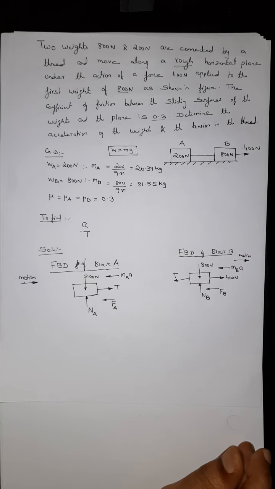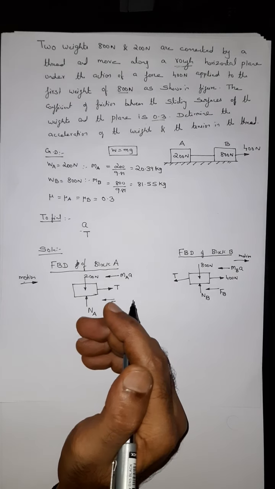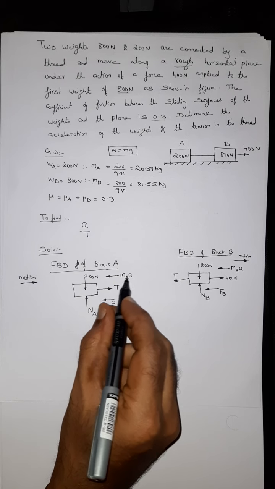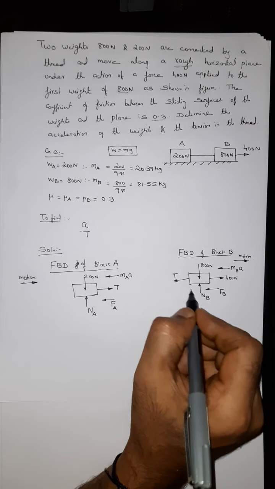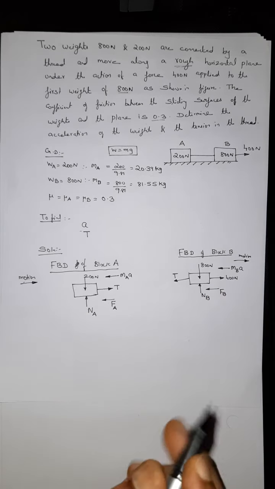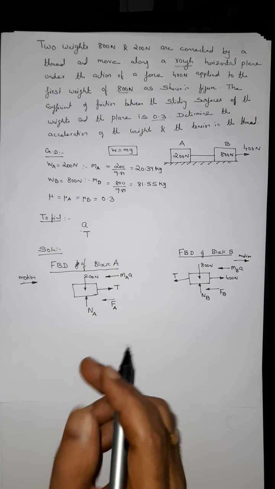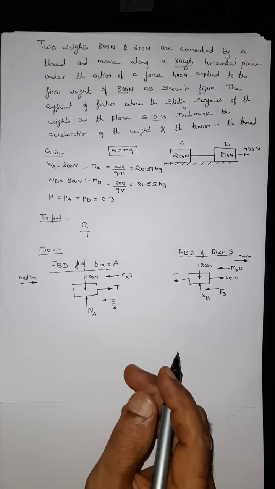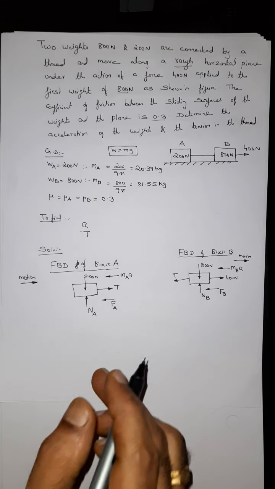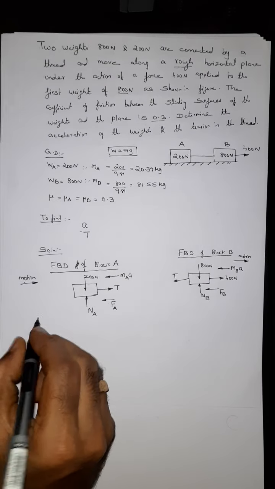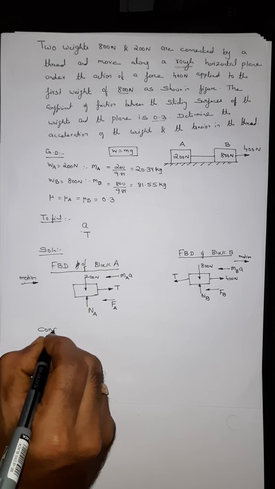From where to start? Look here, 1, 2, 3, 4, 5 unknowns are there. As far as here, 1, 2, 3, 4, 5. So in both the cases, there are 5 unknowns, isn't it? So let me start with block B first.